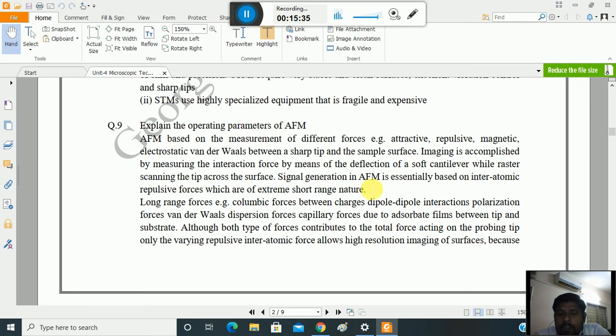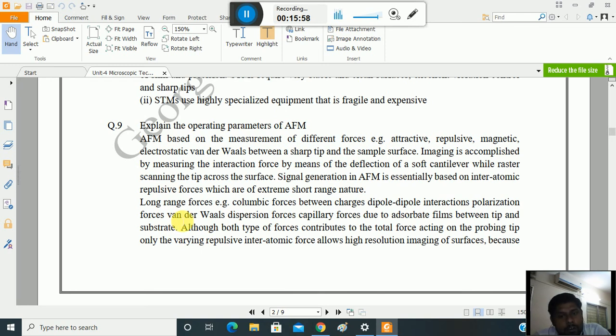Signal generation in AFM is essentially based on interatomic repulsive forces, which are of extremely short range nature. Long range forces are like Coulombic force between charges, dipole-dipole interaction, polarization forces, van der Waals dispersion forces, capillary forces due to adsorbate films between tip and substrate.